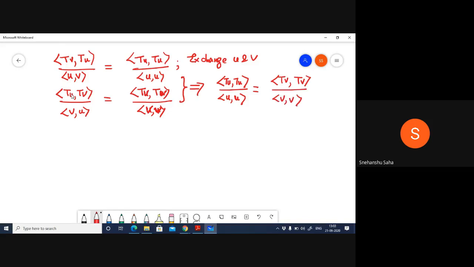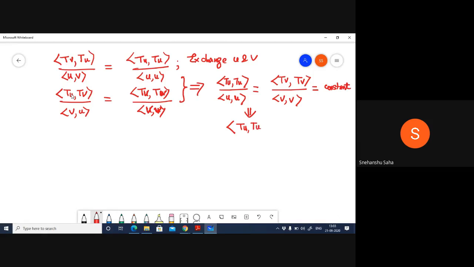Okay. And so therefore, what I can essentially emphasize is the following: if these two are the same, I just assume that this is equal to some constant, right?